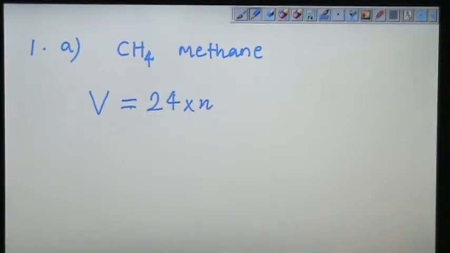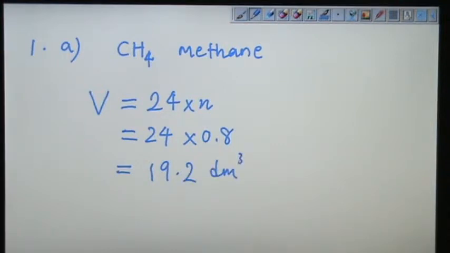The book mentions 0.8 mole, so 24 times 0.8. 0.8 is 8 over 10, so 4 over 5. Better use a calculator to be more accurate: 24 times 0.8 gives 19.2 dm cubed.